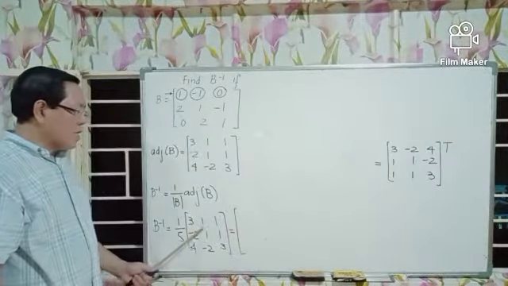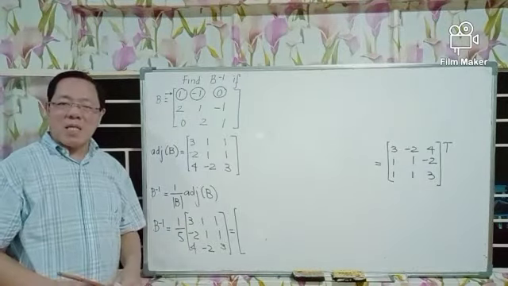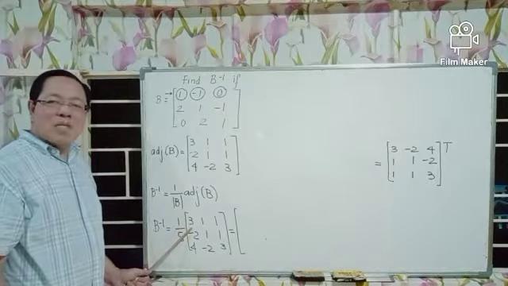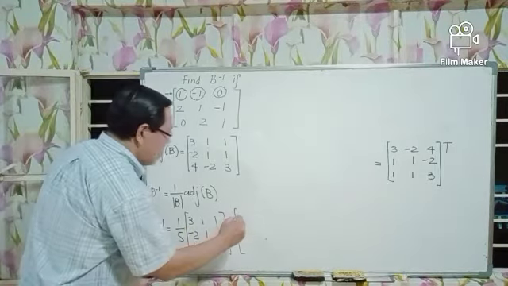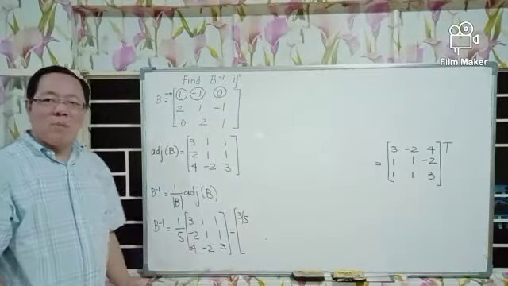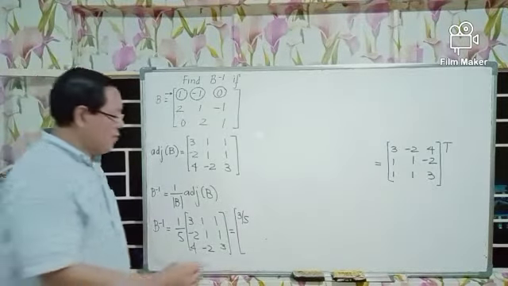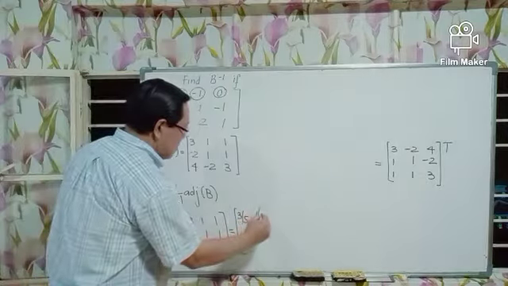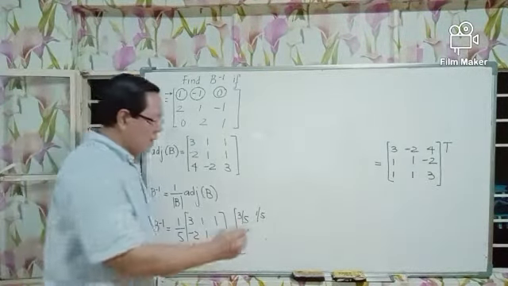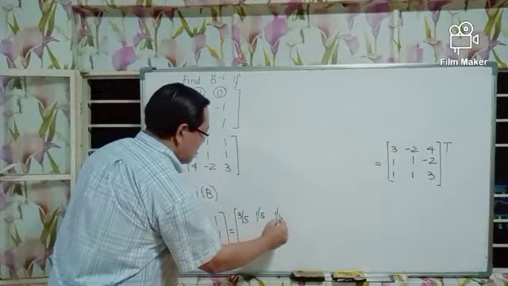We multiply each entry of the adjoint of matrix B by 1 over 5. 3 multiplied by 1 over 5 is 3 over 5. 1 multiplied by 1 over 5 is 1 over 5. 1 multiplied by 1 over 5 is 1 over 5.